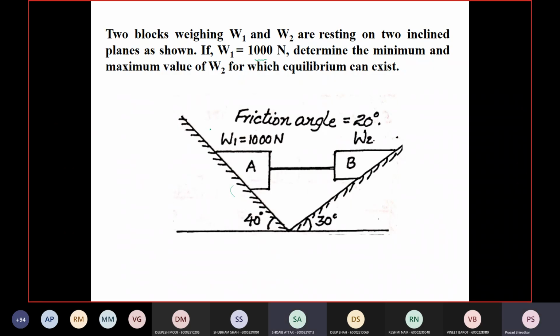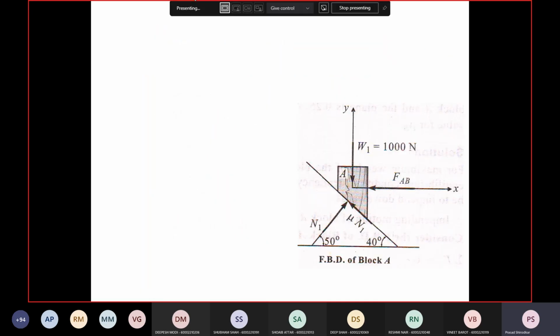The angle of friction is common for both surfaces. Determine the minimum and the maximum weight value of W for which equilibrium can exist. So you have to find both the minimum and the maximum. So let's start for the minimum weight. Any questions? Mu is constant for both.